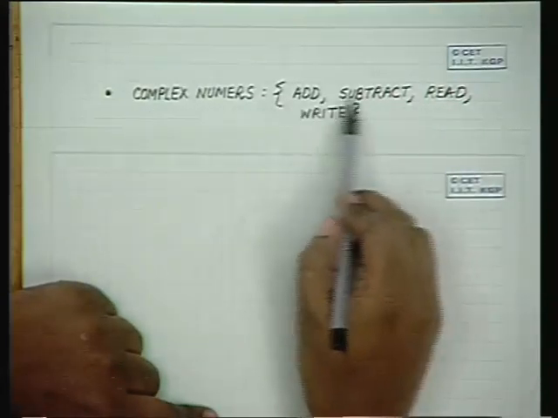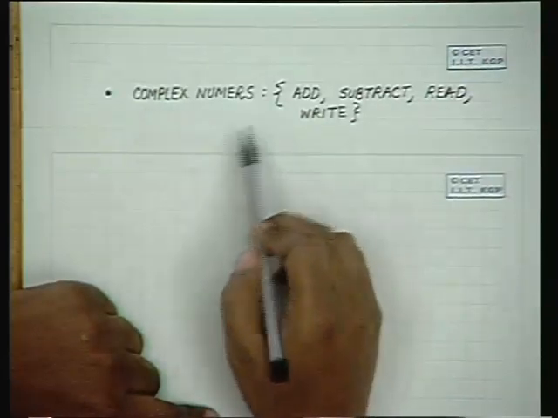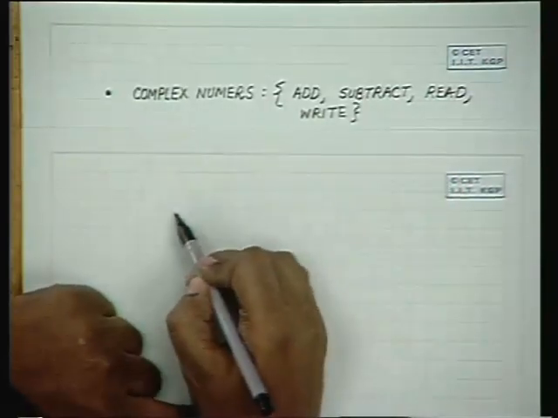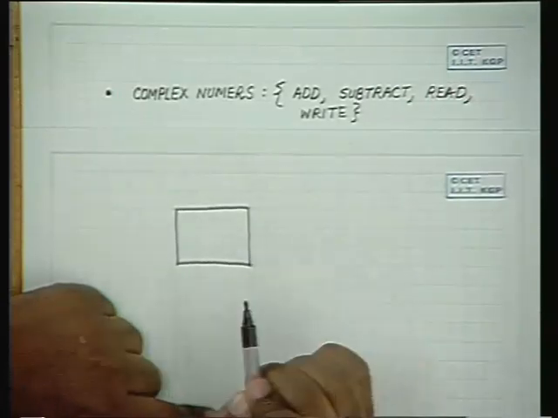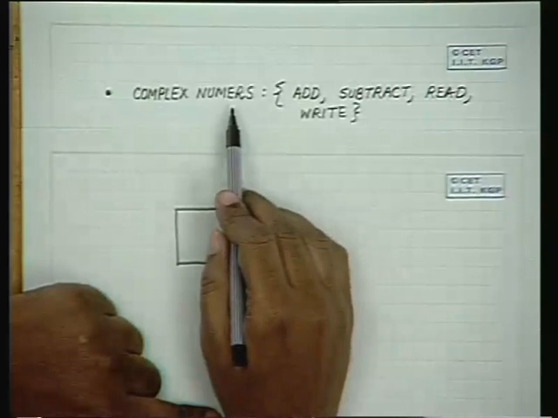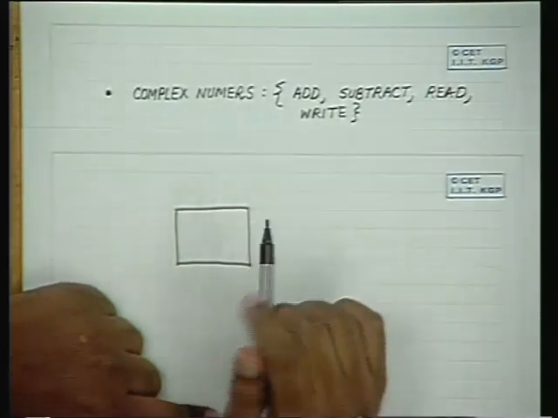Now here we have these operations. So what we decided in the previous case was that we have one structure, the data structure, and as we said before, there will be two parts, the data organization and its manipulation.